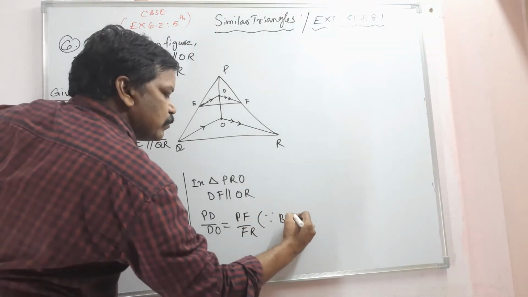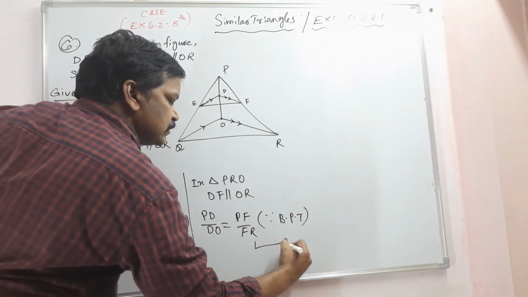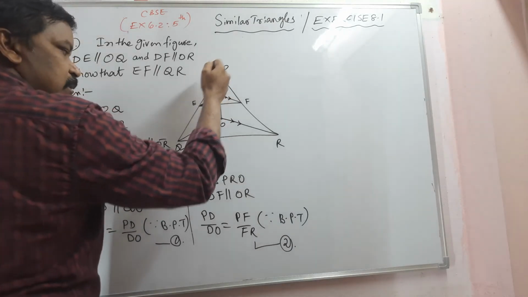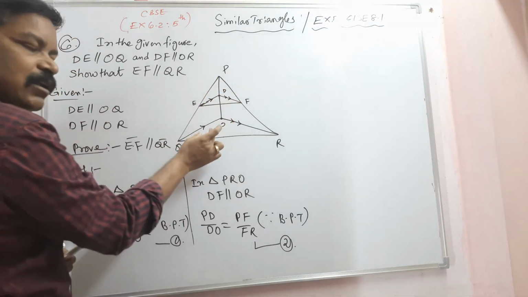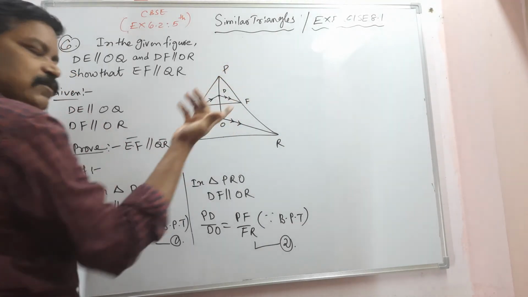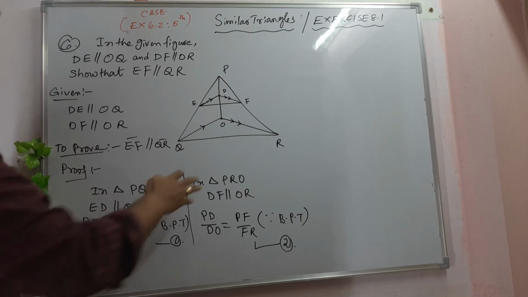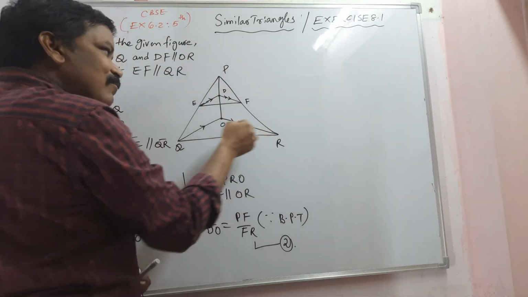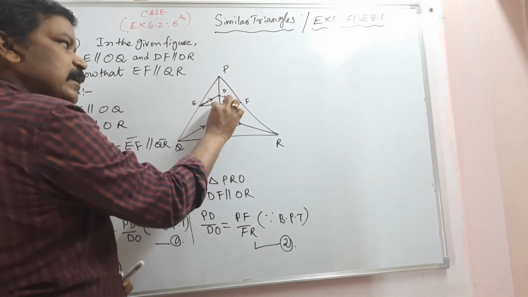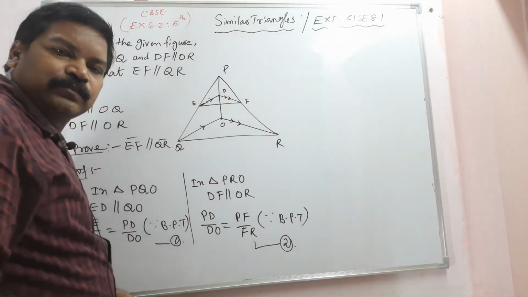This is equation number 2. Understand? In triangle PQO, ED parallel to QO, then PE by EQ is equal to PD by DO. In the right side triangle PRO, DF parallel to OR, then PD by DO is equal to PF by FR.